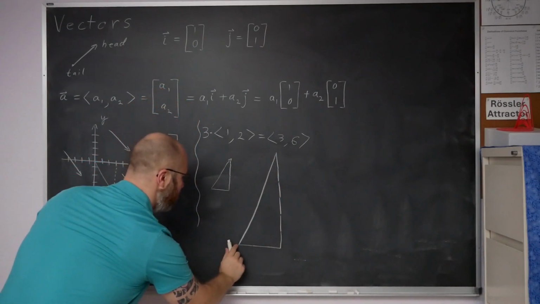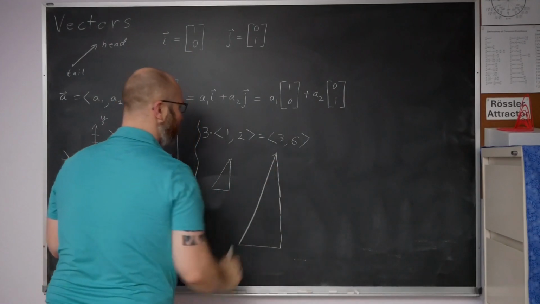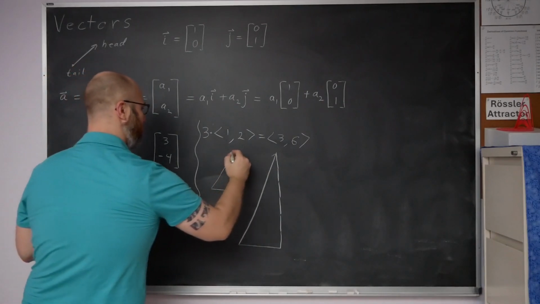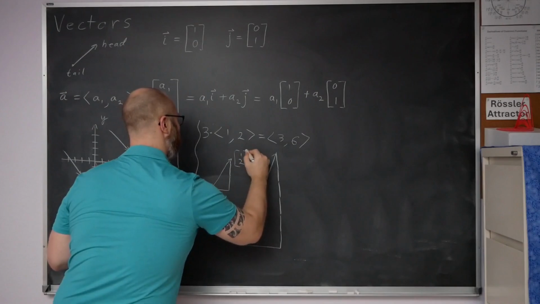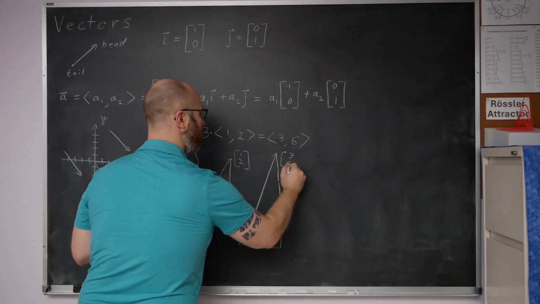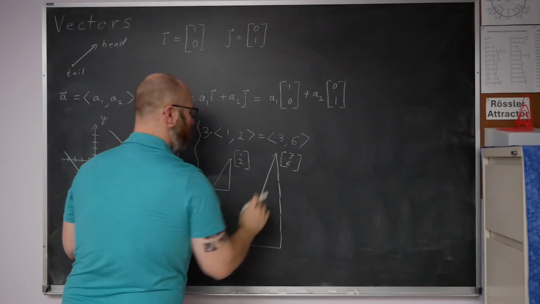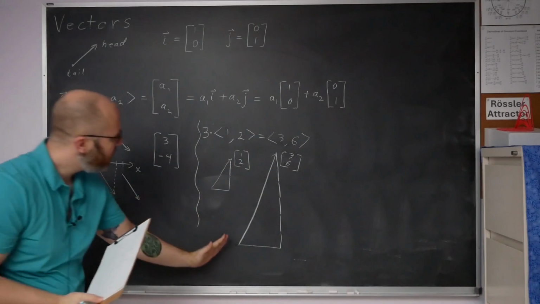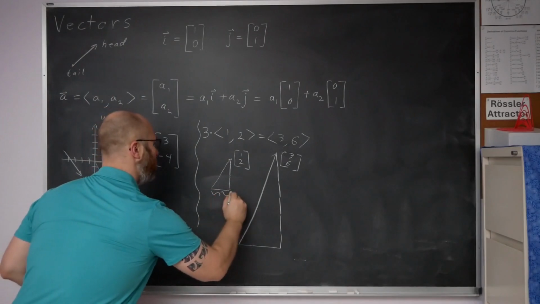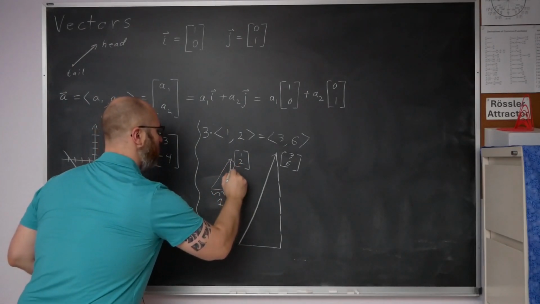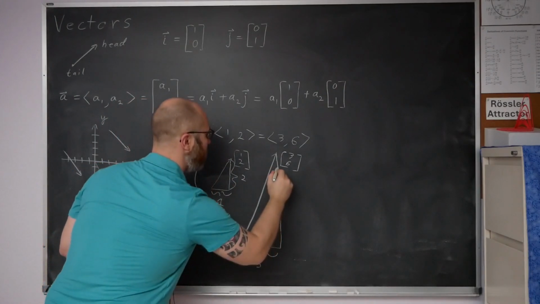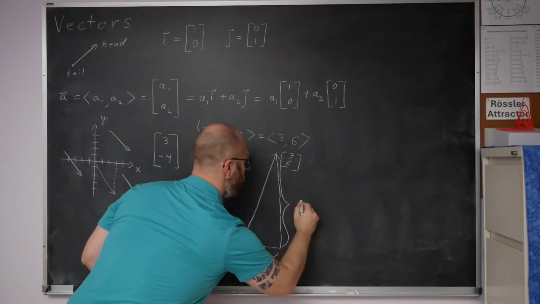Oh, I almost did it. This is the vector, so if this one was (1, 2), this vector is (3, 6). So it ends up pointing in the same direction, it just got 3 times as long. This has length 1, this has length 2, this has length 3, this has length 6.